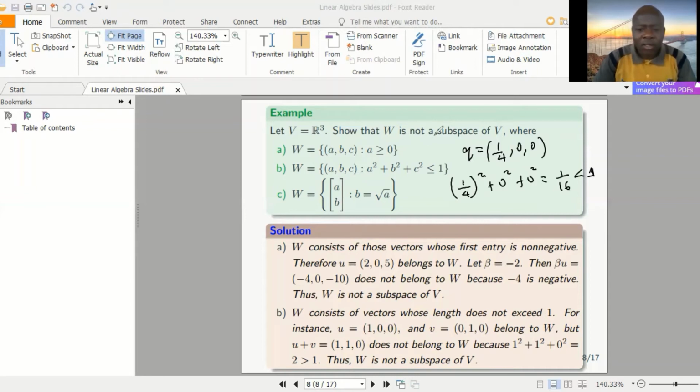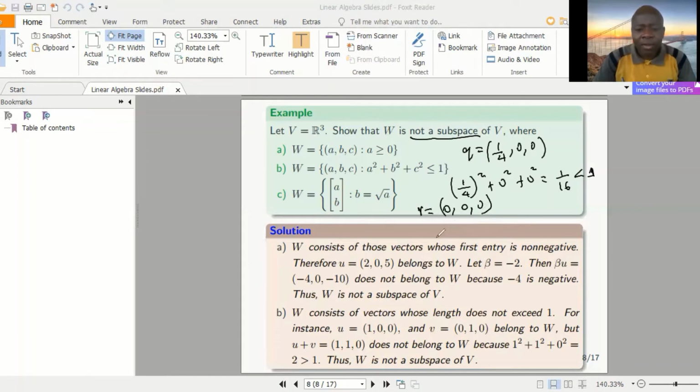So for you to show that it is not a subspace, think of a vector, because you're using specific examples, and then think of a scalar, and then go through the conditions and see whether they are satisfied. What about the vector 0, 0, 0?